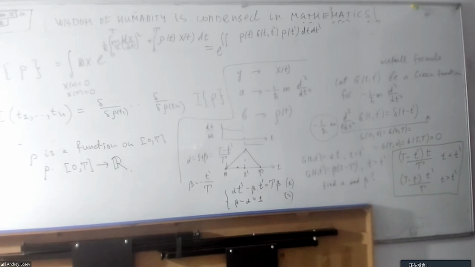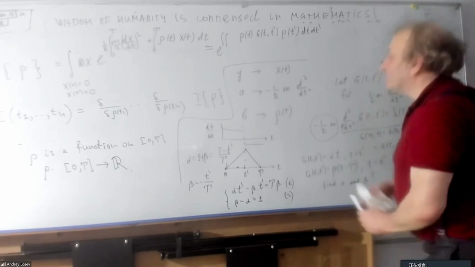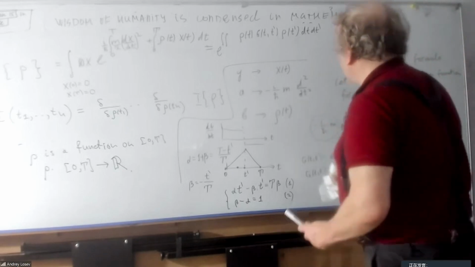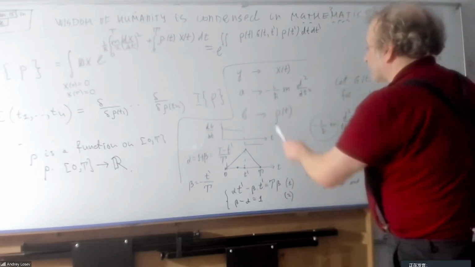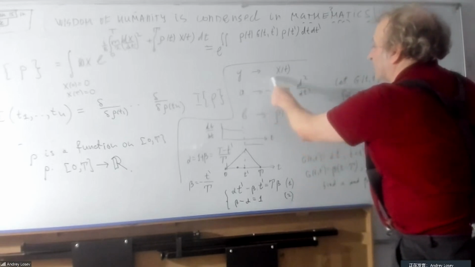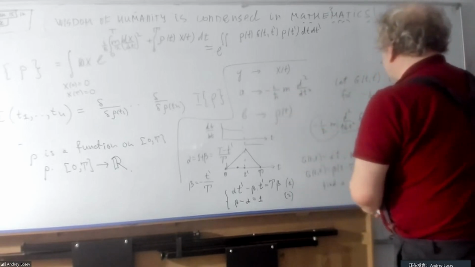Okay? Having this Green function, I may compute correlators. Important thing that I need to divide by this.